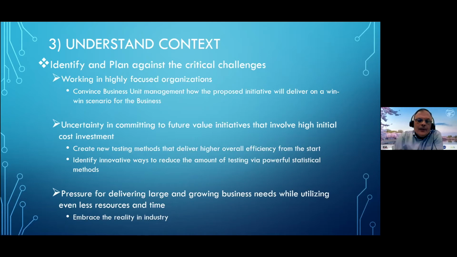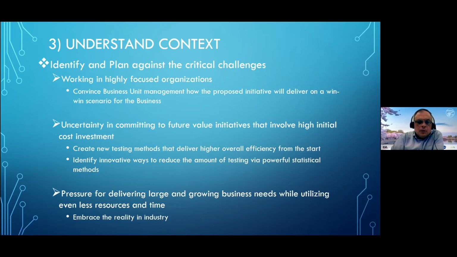The second thing is there is uncertainty in committing to future value initiatives that involve high initial cost investment. So we had to be creative, in a good sense of the word, to create test methods that are efficient, that we can cover more products, split across multiple tests. Also, how do we integrate the information, the statistical methods that are proper for integrating information across multiple studies.